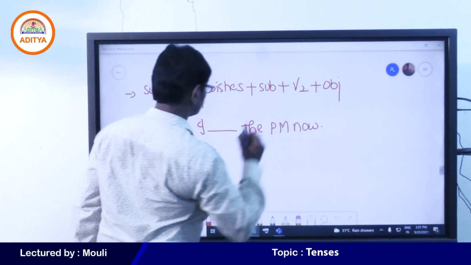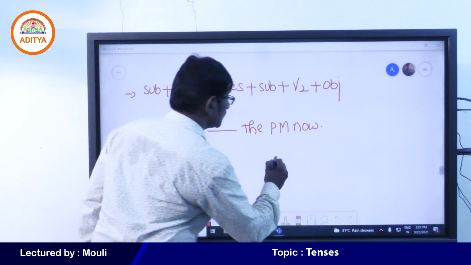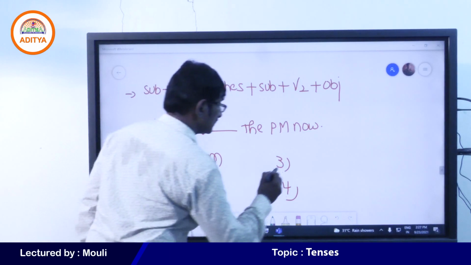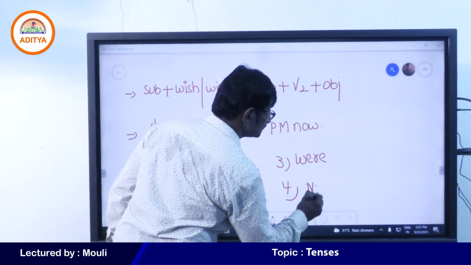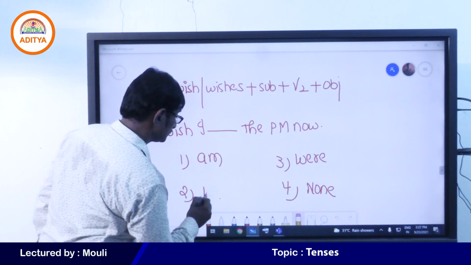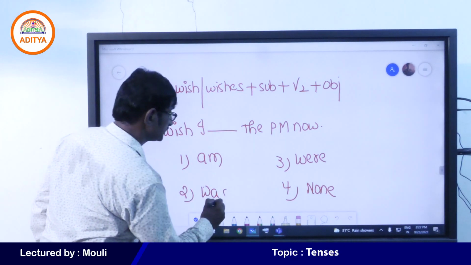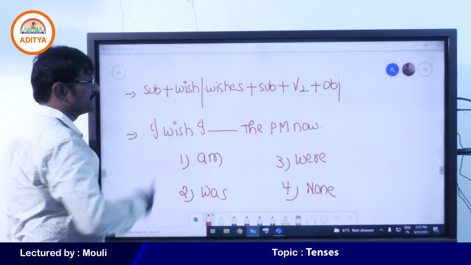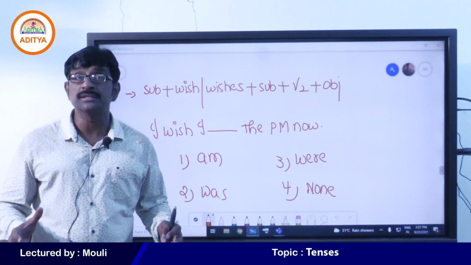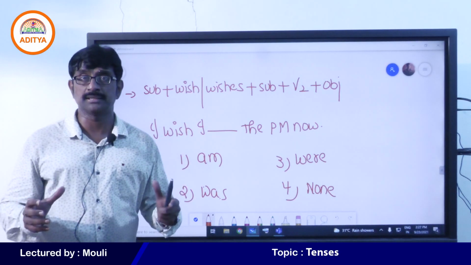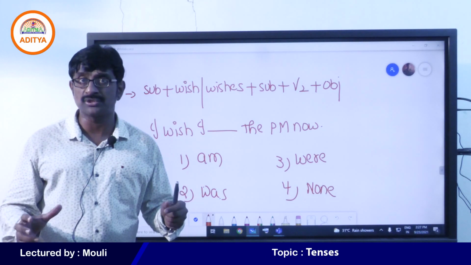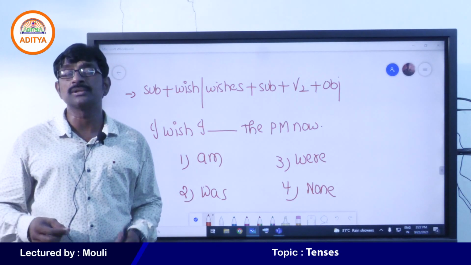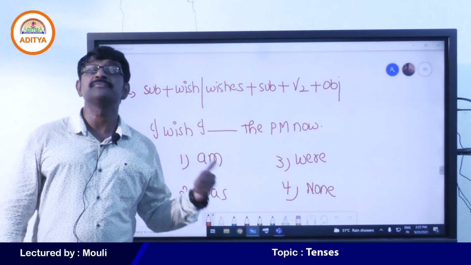The options are: am, was, were, and none. I wish I dash the Prime Minister. It is one of the most important expressions in English language. Unless we learn these expressions, we cannot demonstrate our language properly. It's a very, very important model.